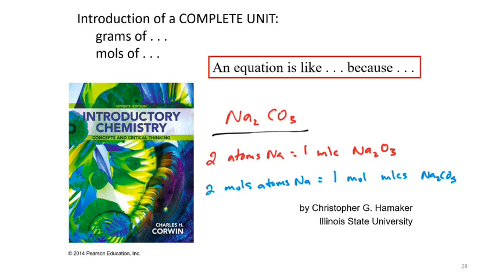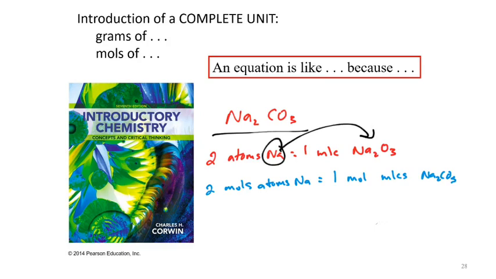Well, a chemical formula is very similar to a chemical reaction or chemical equation, because the chemical equation now allows us to convert one substance to another through an effectively legitimate process. If we look at our formula, we're kind of arbitrarily making the connection of sodium in sodium carbonate.